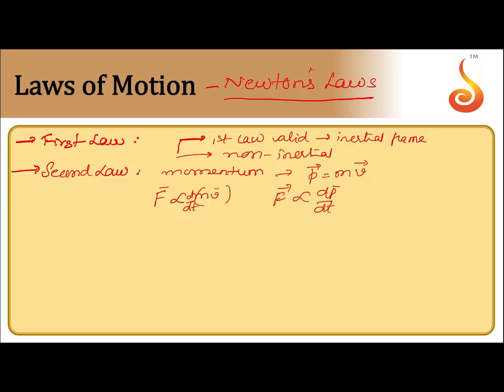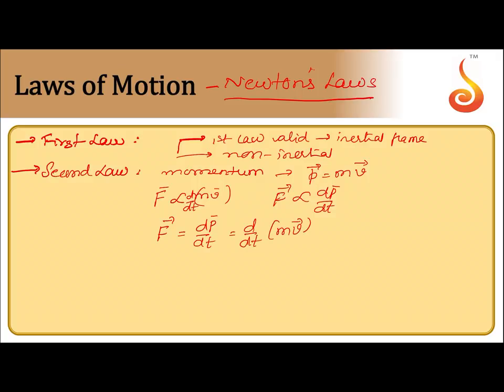So, force is proportional to dp divided by dt. Now, we can easily show that the constant of proportionality is 1 here, and thereby it becomes F is equal to dp divided by dt, that is d by dt of mv.